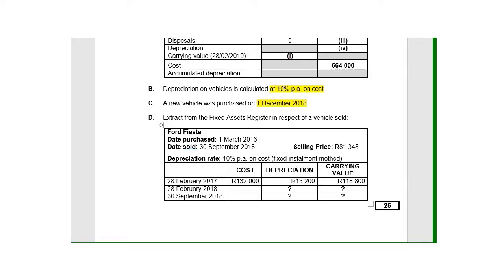The next period will then be the first day of the year after that. The year end was 28 February. Now it's 1st of March 2017 up until 28th of February 2018. Still a full year. The method that we use is 10% on cost, and the cost is 132, so I must simply take 132 times 10%, and that will give me the depreciation.